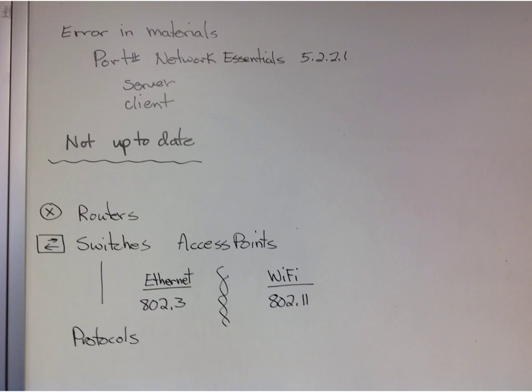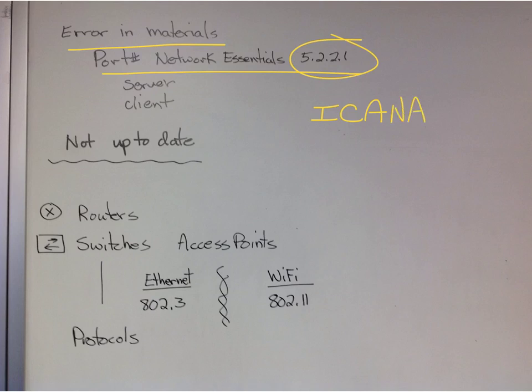Some generic things we talked about. There was a bad port number listed here, and we cleaned it up. We looked up ICANN, and we got the exact list for port numbers.